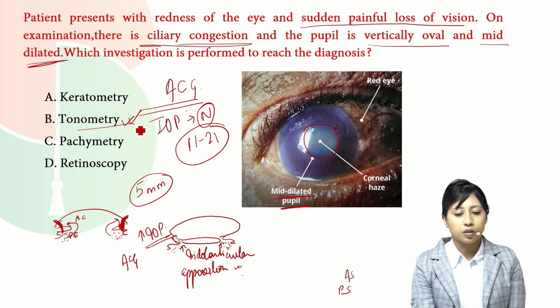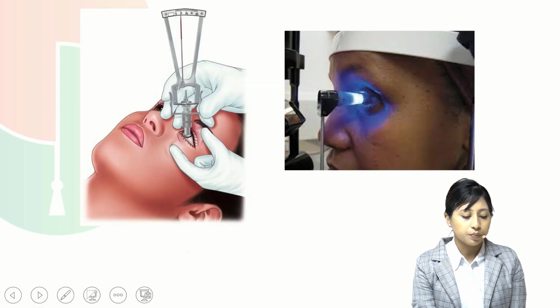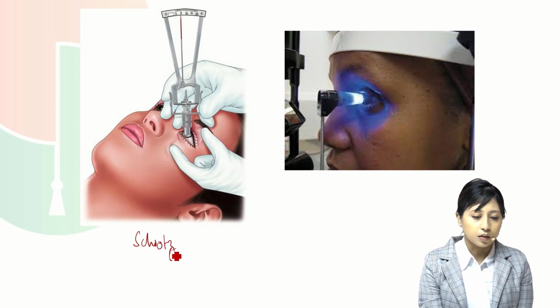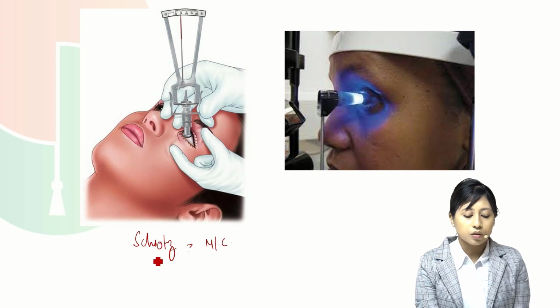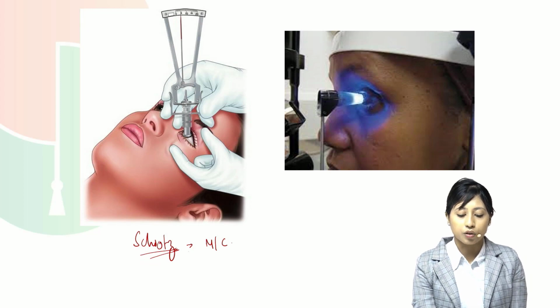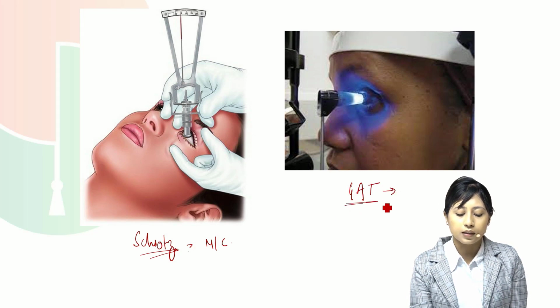Tonometry is of two types. We'll be discussing it. This is the Schiotz tonometer, and this is most commonly used. At first, we use the Schiotz tonometer, and it depends on scleral rigidity for its measurement. Another test is the Goldmann applanation tonometer, also known as GAT.